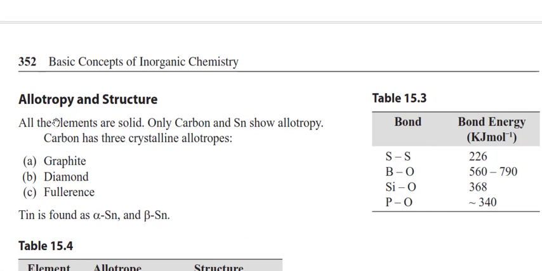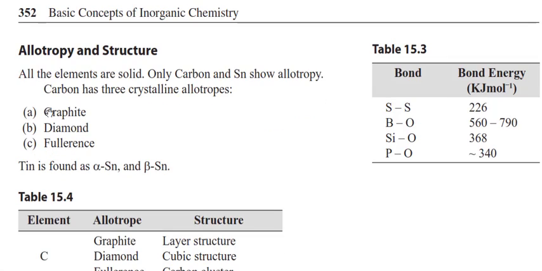Allotropes and structure. As you know, allotropes means what? For example, if I am talking about carbon, carbon has 3 allotropes: graphite, diamond and fullerenes. Whereas tin has very few allotropes.